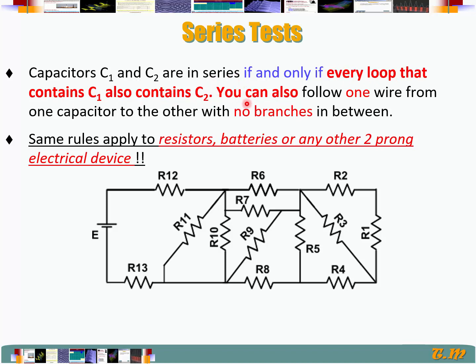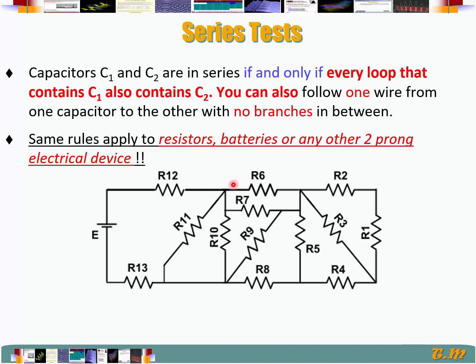The other way we can check is to follow one wire from one capacitor to the other with no branches in between. What we mean by branches is something like this or like this. It's like whenever the charges are going to have more than one path they can choose from.